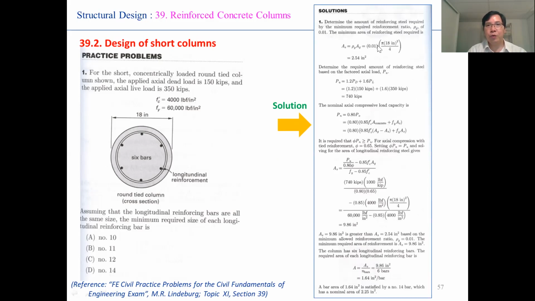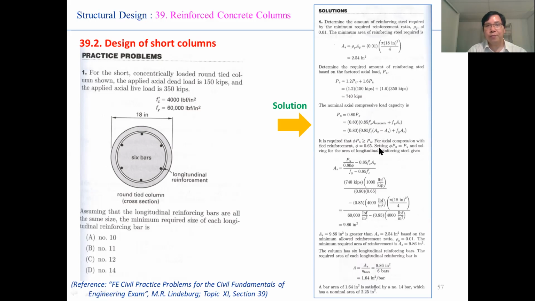solution. You calculate firstly the minimum area of reinforcing steel As by this equation. After, you can determine the required amount of reinforcing steel by this equation, Pu. And after you can calculate the nominal axial compressive load capacity Pn by this equation.